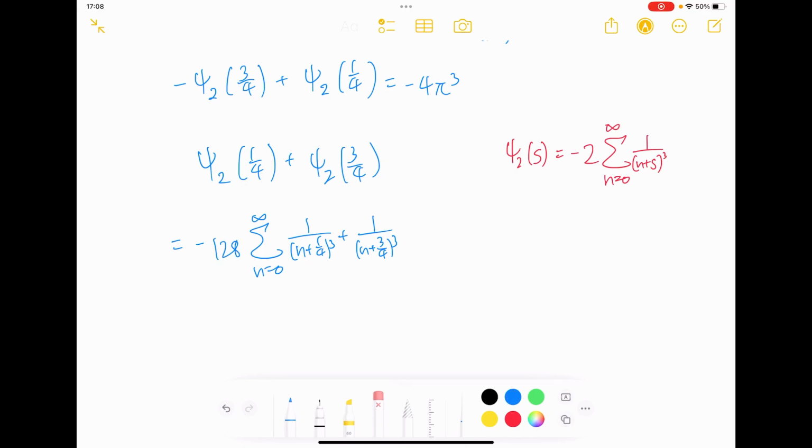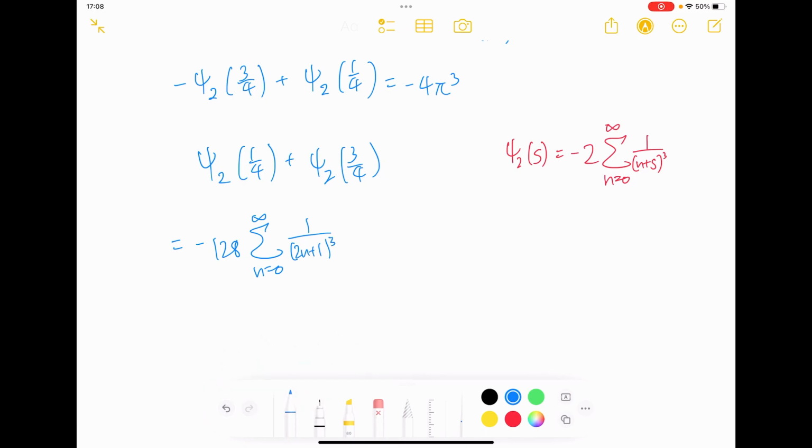So 128, that's going to get us (4n plus 1) cubed, (4n plus 3) cubed. And what we notice is that this is 1 mod 4, this is 3 mod 4, so it's still the odd integers. So that's going to be (2n plus 1) cubed.